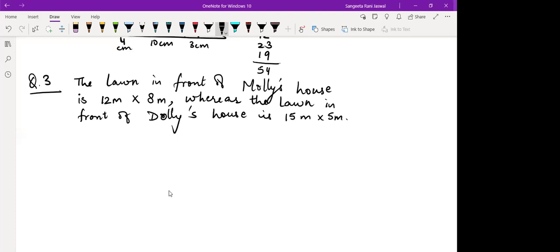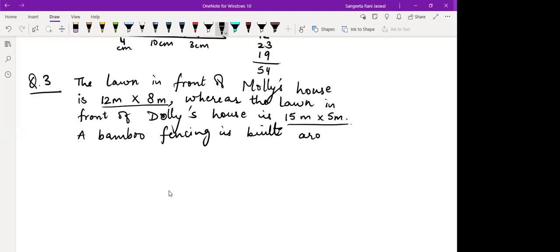The two lawns are given, the dimensions. What are we asked to find out? A bamboo fencing is built around the lawn. The bamboo fencing is built around the lawn.